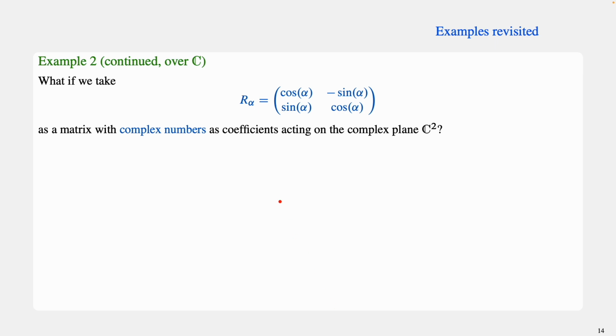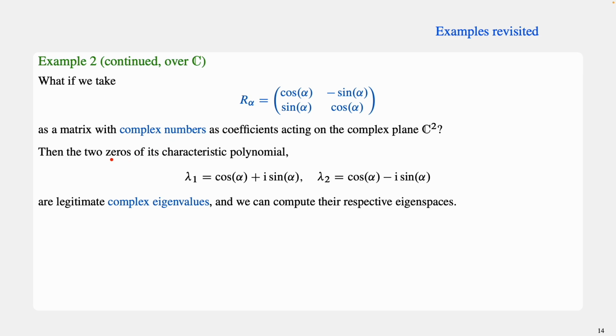And another thing we can do with this example is we pretend that this matrix is actually not a real matrix, but a complex matrix, and we apply it to vectors in the complex plane, by which I mean here vectors that have two complex entries.